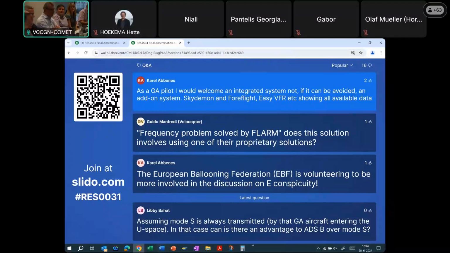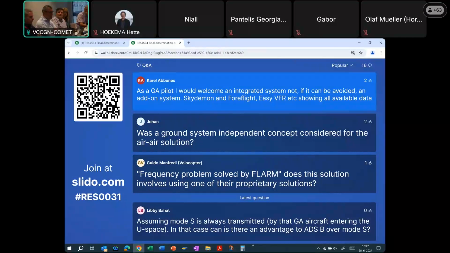They are starting to exchange the data. There are data integrators, there are app providers, and they are starting to cooperate very closely. And what we have seen over the last year is that many of these companies, I can name Easy VFR from your comment, are already showing this information because of the industry initiatives that are taking place.